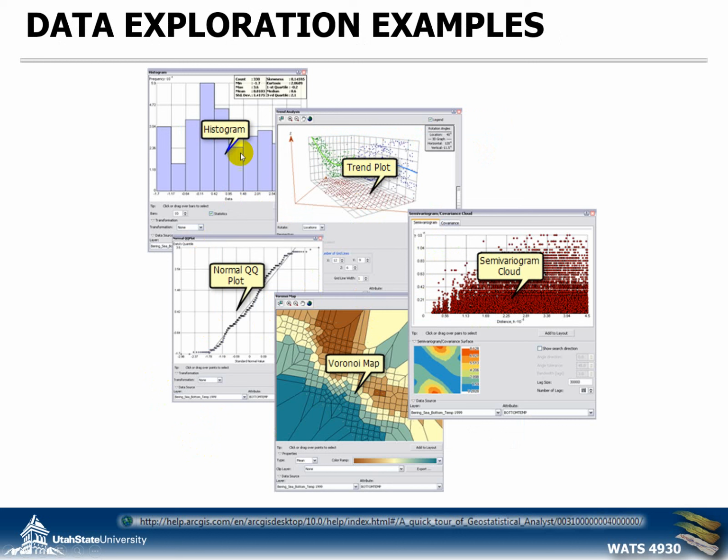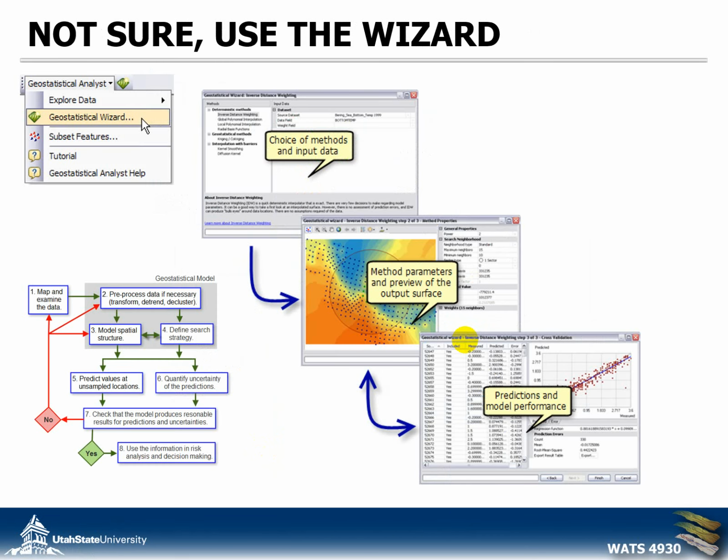These are some examples of those different charts. Here's a histogram, trend plot, semivariogram, normalized QQ plot, and Voronoi maps, all of which are ways of looking at your vector data sets and trying to better understand them. If you're not sure how to get started in there, you can just use the Geostatistical Wizard.